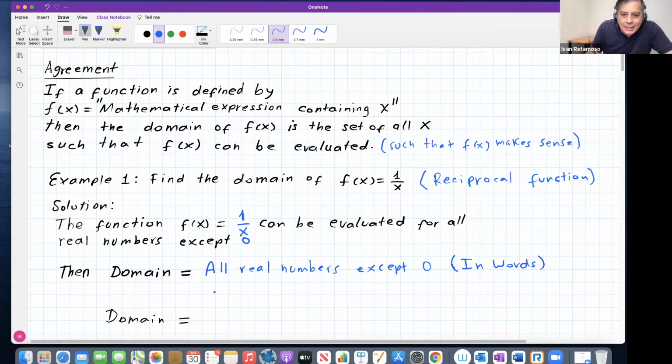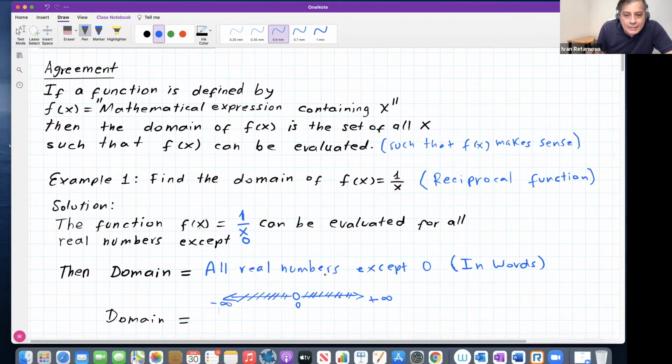But first, how do you say this using intervals? Well, the idea is to set this value 0 on the number line with a hollow circle, because we are not considering 0, and consider everything else. So you shade everything else. Plus infinity lives here, and over here minus infinity, right?